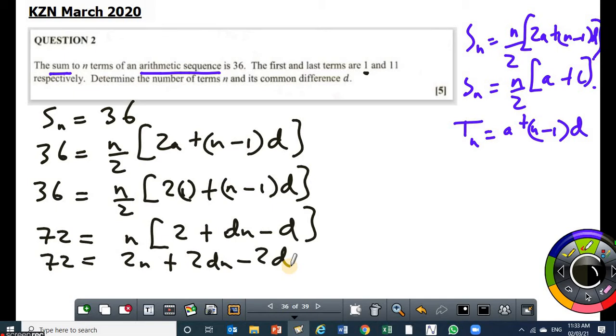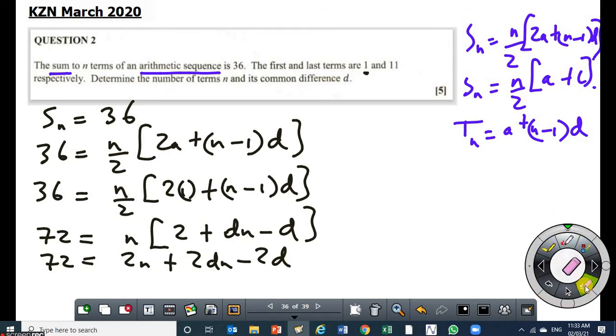Okay, I can factorize it. I can take out the 2 if I want. Wait, n times 2. Oh, sorry, it's squared. Thank you for that.